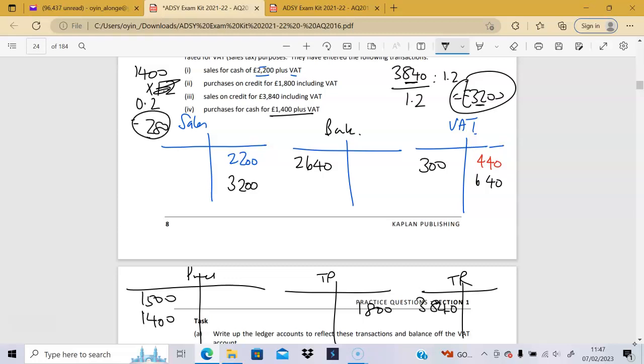So the VAT on this purchase is 280. You can claim that back, 280, but you will be paying the addition of the two right now, and that's 1,680. So the question wants us to write up.